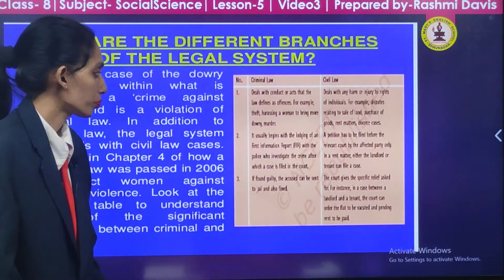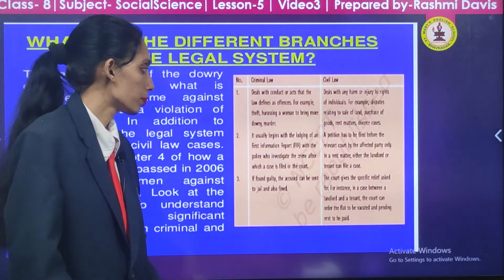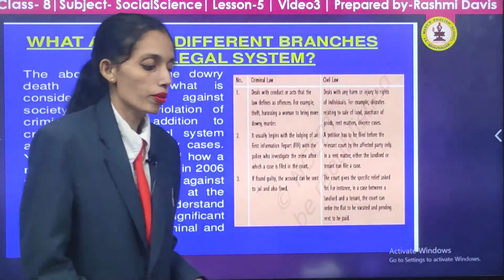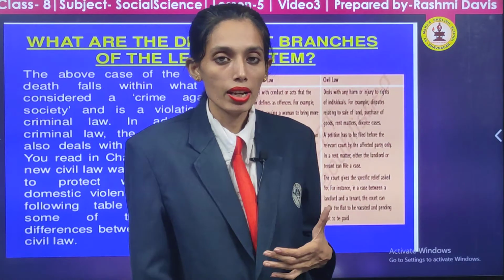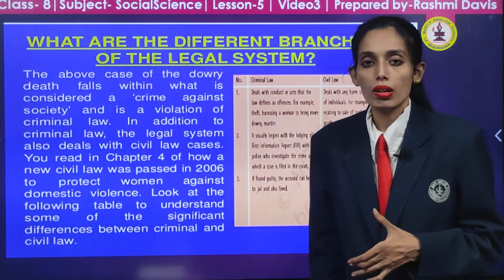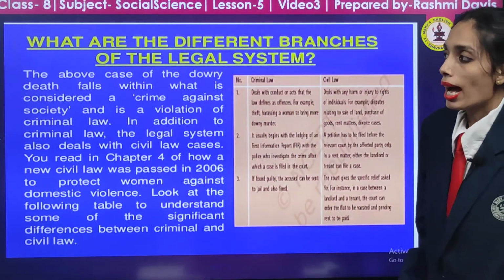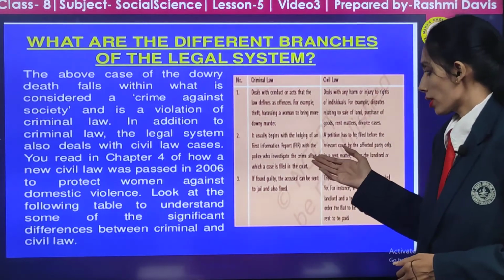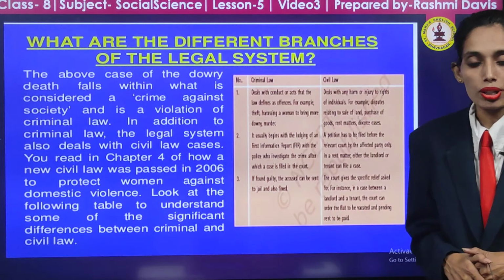A criminal case usually begins with the First Information Report. When you file the case, the FIR is written by the police, and based on that the case goes forward and the investigation continues.